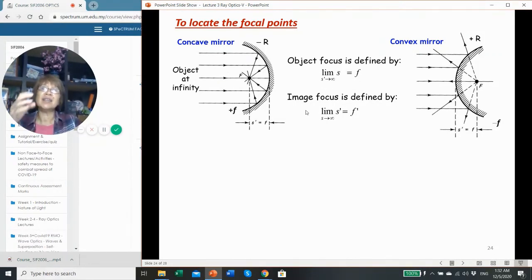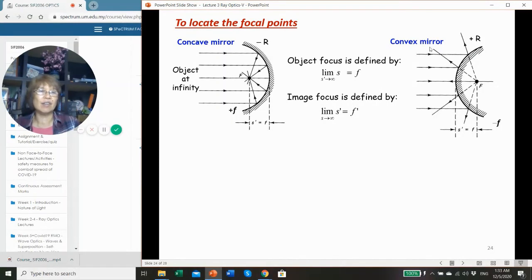To find the image focus, you take the limit of the image distance whereby the object is at infinity. So that will give you the image focus point.